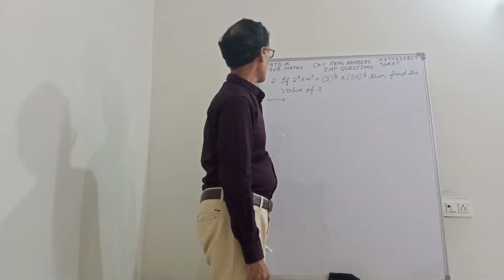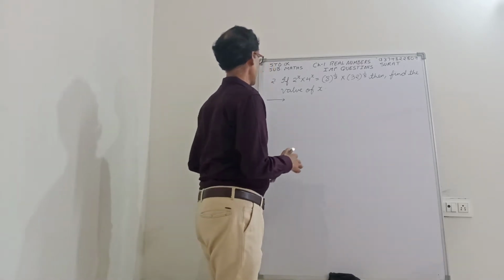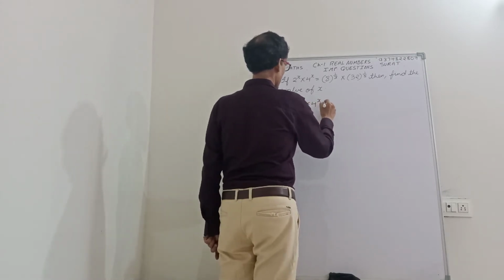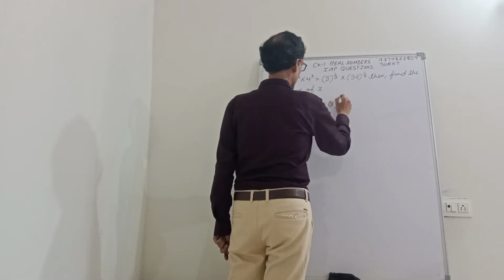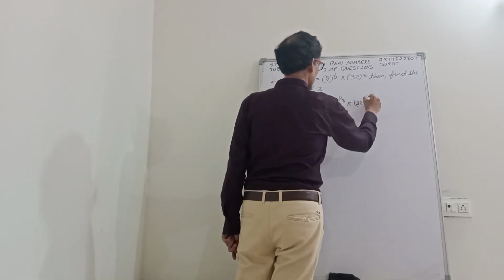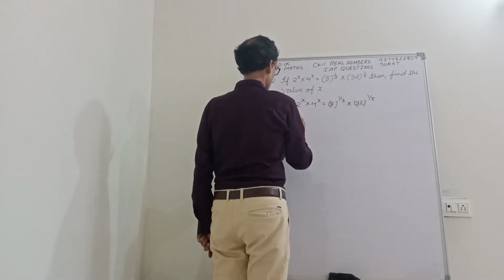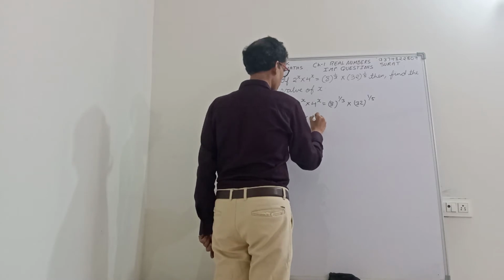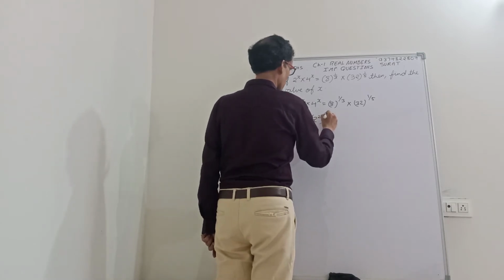Now the second question, we have to find x. It is given that 2 power x into 4 power x equals 8 power 1 by 3 into 32 power 1 by 5. So what is 4? 4 is 2 square.